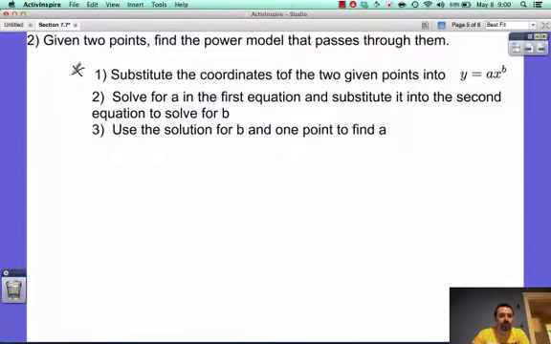We substitute in both points. We solve for a in the first equation and substitute that into the second equation. Then we use b and one of the first two equations to find a. That's it. So the whole point here was to use two points to find either an exponential model or a power model. All right, thank you guys.